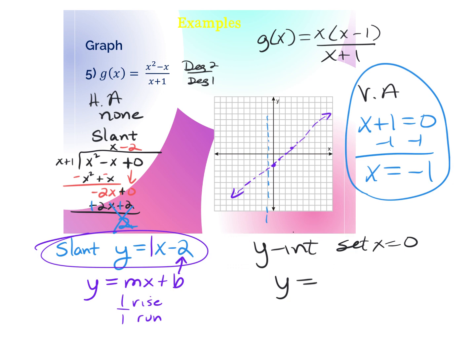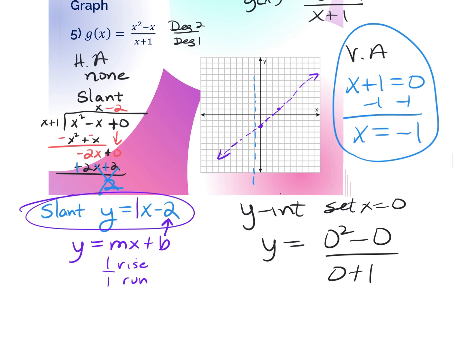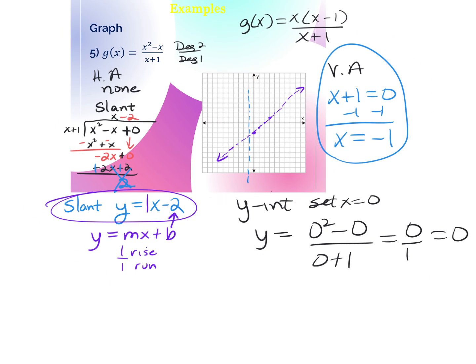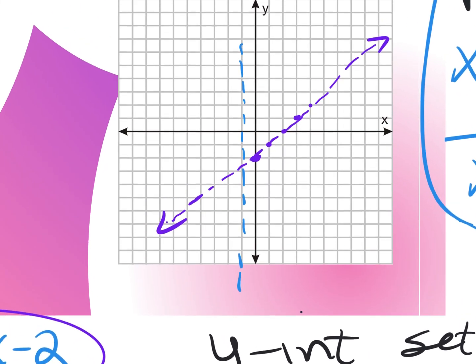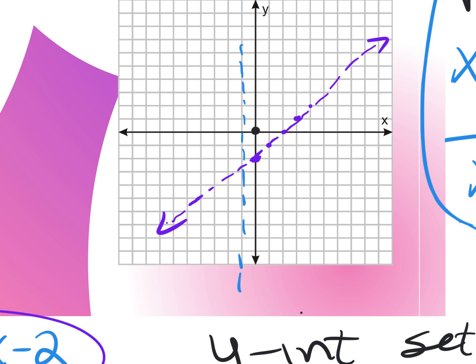Or into the factored one, it doesn't really matter. 0 squared minus 0, over 0 plus 1. I end up with 0 over 1. Whenever the 0 is in the numerator, this simplifies to 0. So my y-intercept is 0, 0. So I can put a point there at 0, 0.